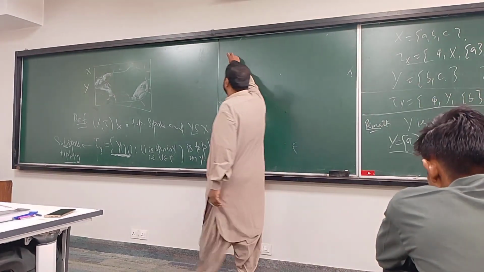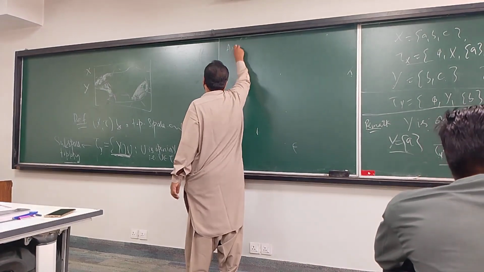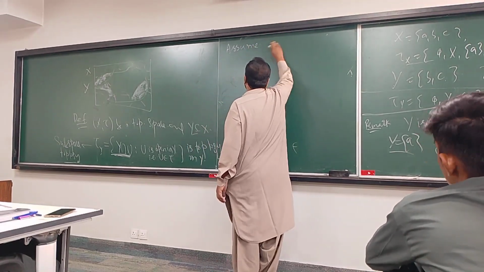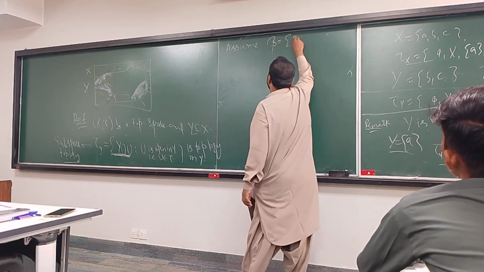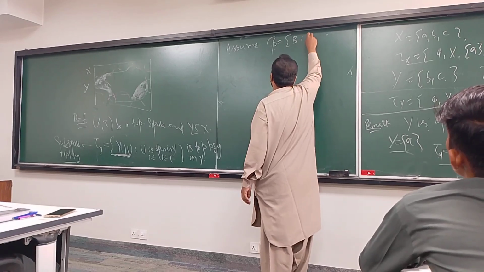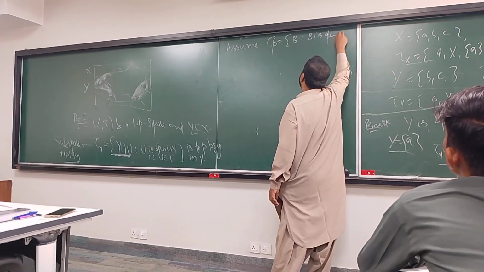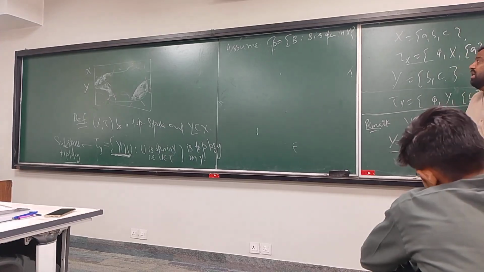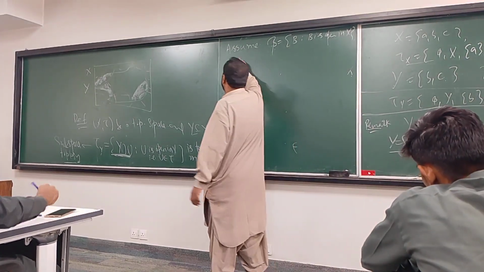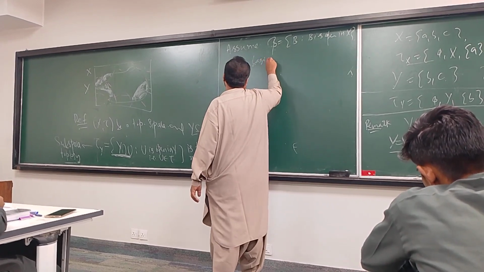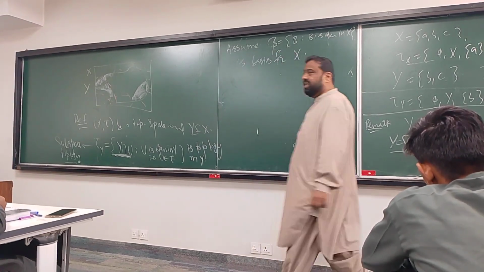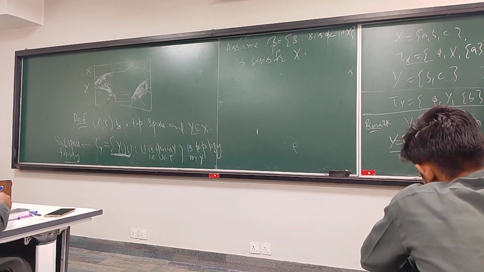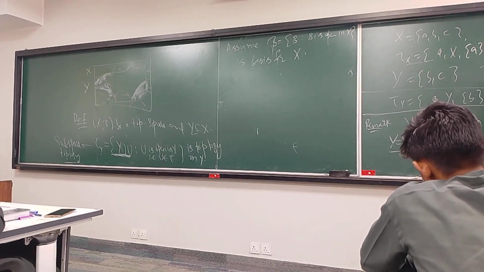So here's the thing. Let's assume that I have a calligraphic B that is a collection of B's. So B is open in X, and it's a basis for X. So in other words, these are the open sets that cover everything in X. Okay.